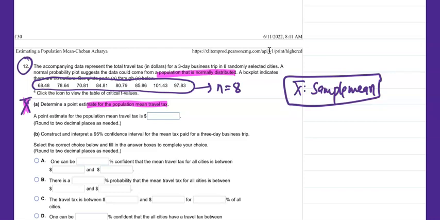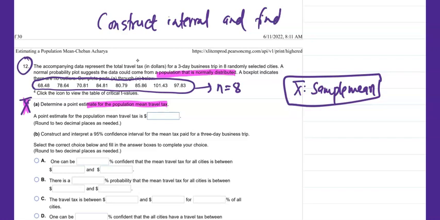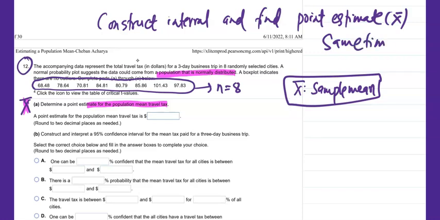Another way to do the sample mean and confidence interval at the same time is using the calculator. So we construct the interval and find the point estimate x bar at the same time using the calculator.